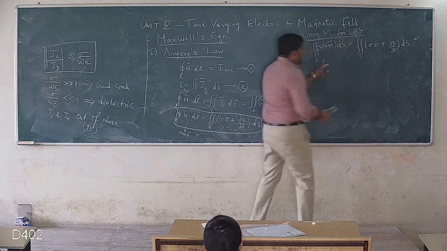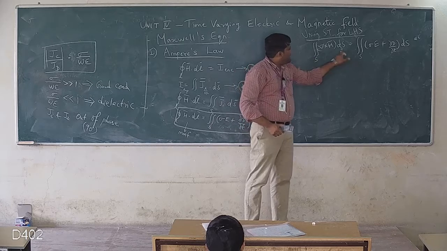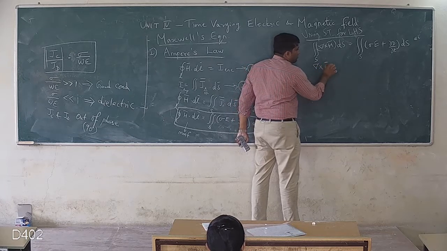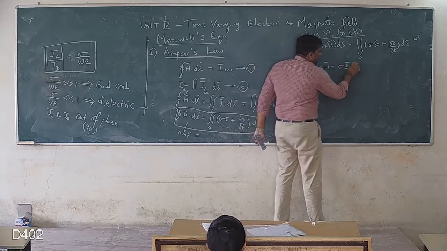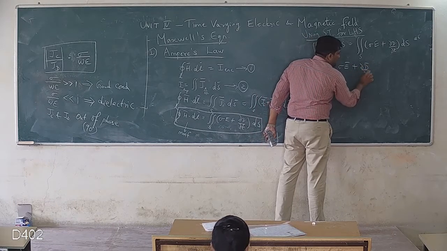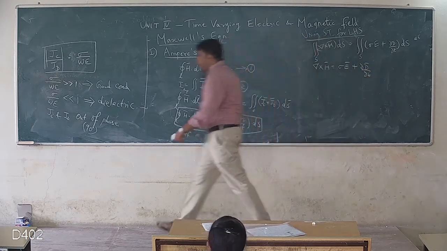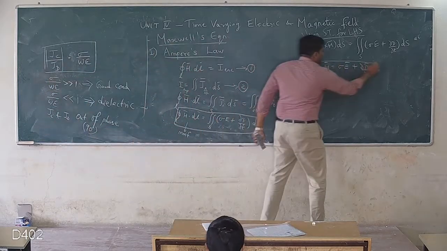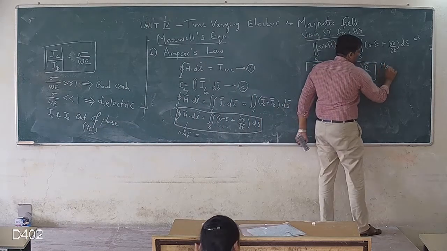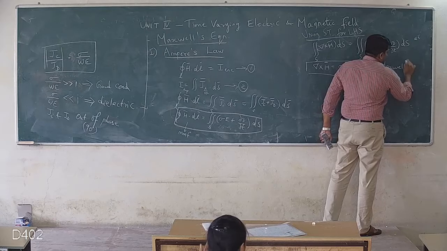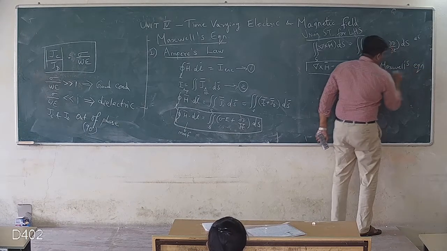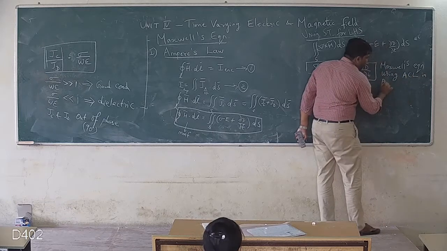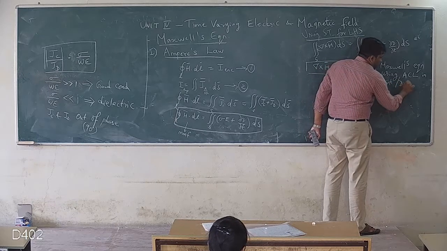Equating LHS and RHS, you will find the double integral of ds on both sides. So therefore, equating, I will get the equation del cross H vector is equal to sigma E vector plus dou D by dou t vector, and this is your Maxwell's equation using Ampere's circuital law in point form or differential form.